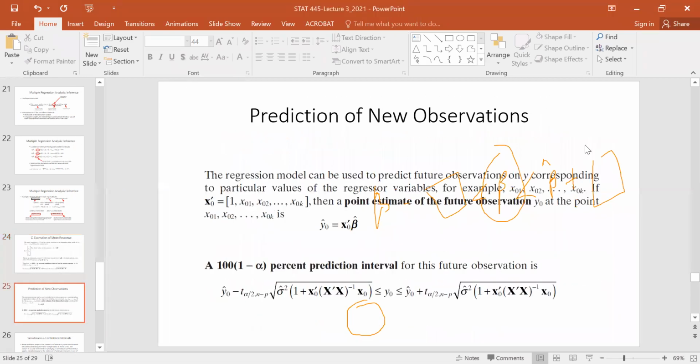Similarly, we can be asked to construct a confidence interval for a new prediction, the prediction of a new observation. I beg your pardon, a new observation. So there is a y coming in the future, or y0. I want to have a confidence interval: where will it fall? What bounds cover that future observation? So once you look in the middle, there is a confidence interval for a new observation, y0.